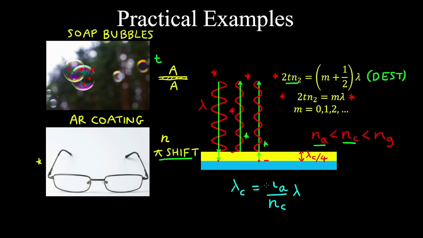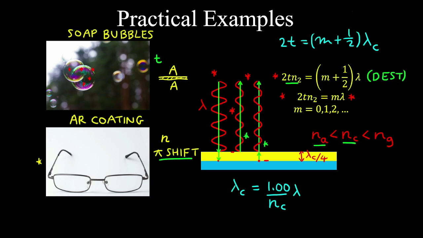And remembering that air had a refractive index of 1, so if we divide this relationship by n2, we'd get 2t is equal to m plus 1/2 by the wavelength of light in the anti-reflective coating.